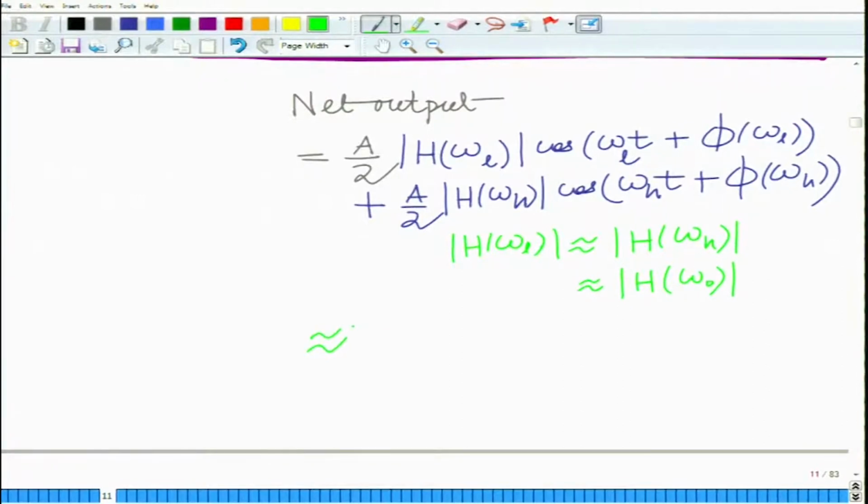So, the spacing between omega_L and omega_H is very small, that is 2 omega_m, which is much smaller compared to the carrier frequency omega_0.